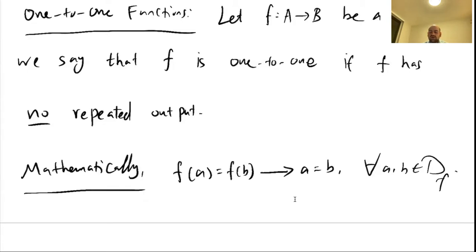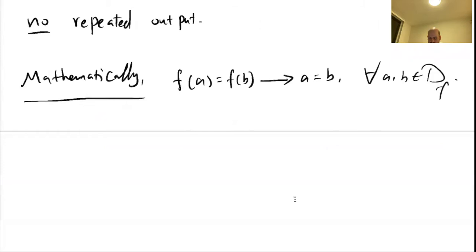Like student number 1 and student number 10: different people, different inputs, but both outputs are 160 centimeters, so I will not have a one-to-one function. Whenever two outputs are equal, the inputs must also be equal, because otherwise you would have a repeated output. So this is the mathematical definition of a one-to-one function.